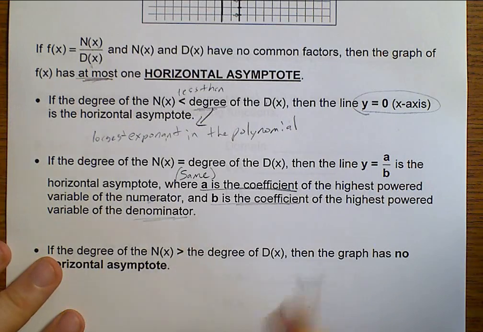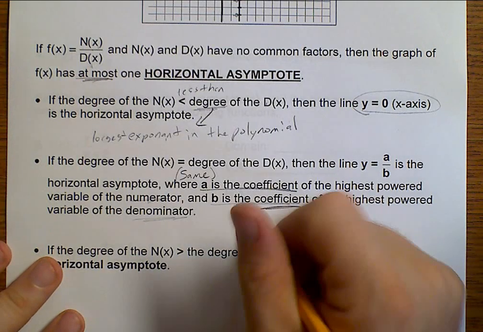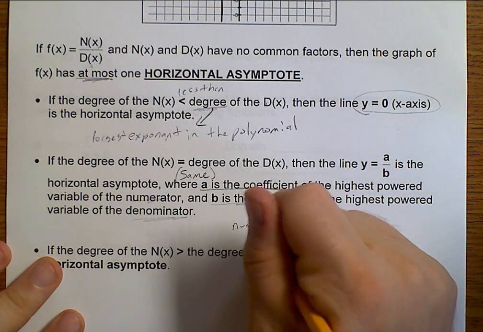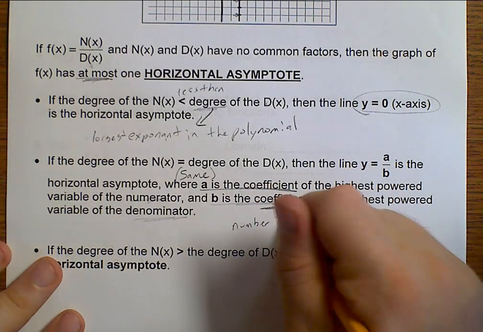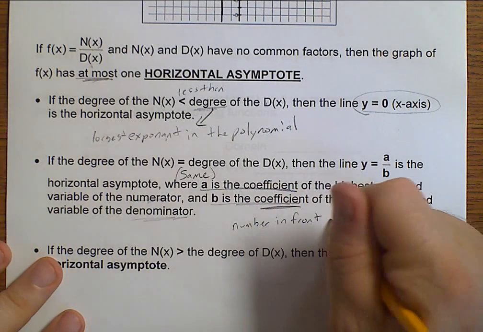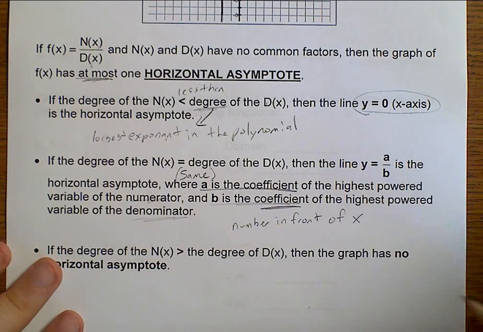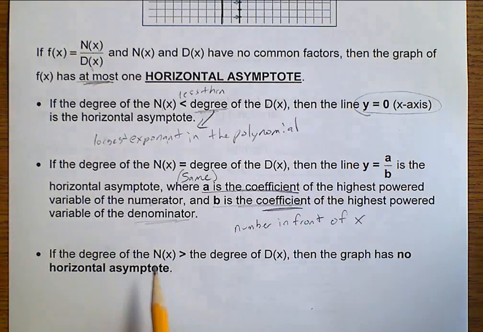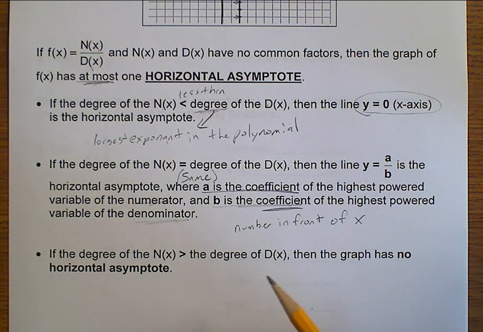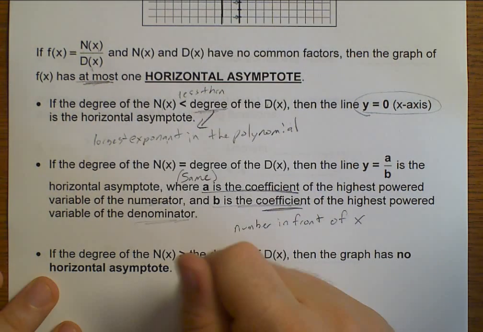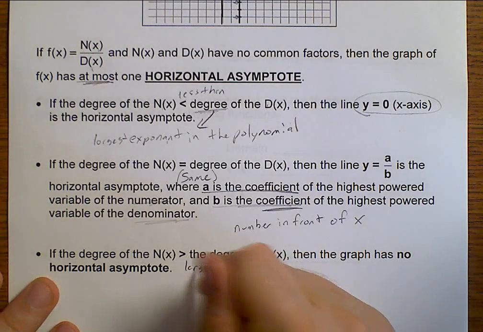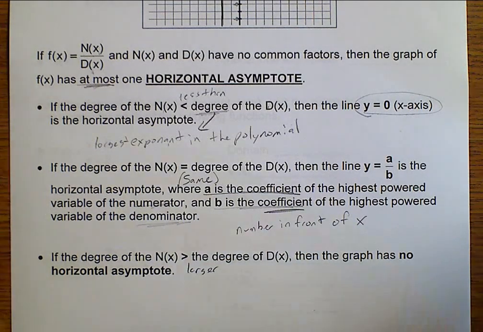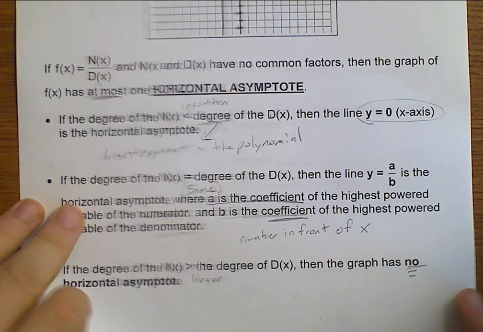The coefficient is the number in front of x. Now if the numerator has a degree that is larger than the denominator, then there is no horizontal asymptote. Let's go ahead and put this into practice on some examples.